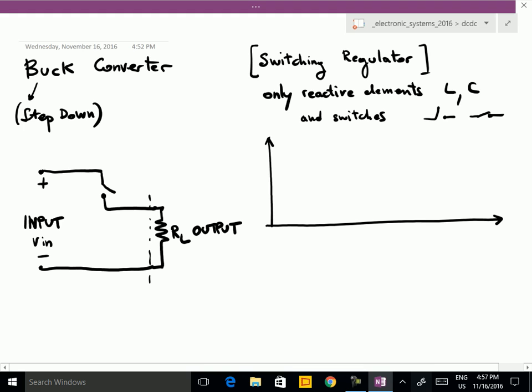Okay, let's first look at the ideal situation. What you do is the following thing. You control the state of this switch.